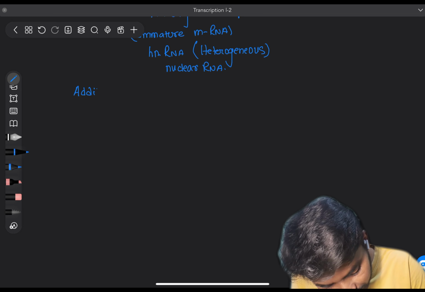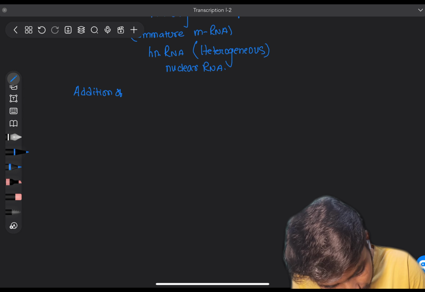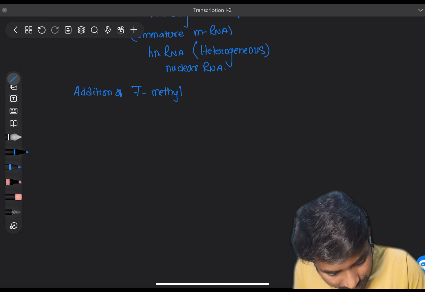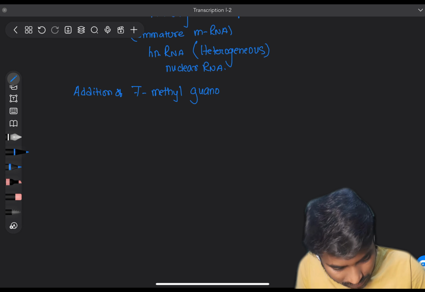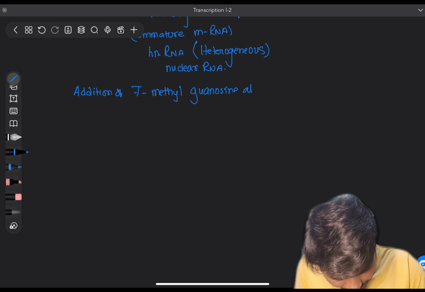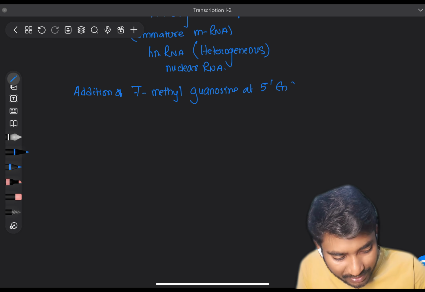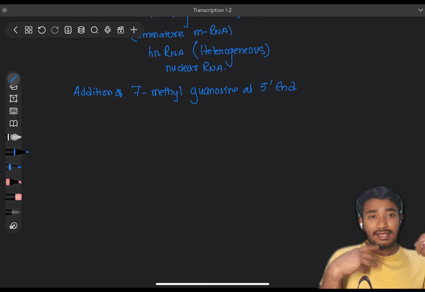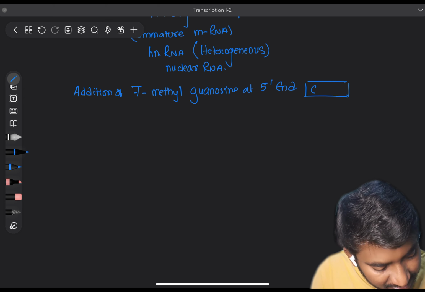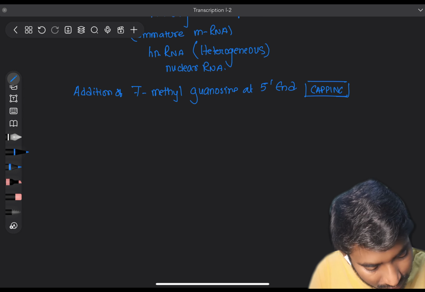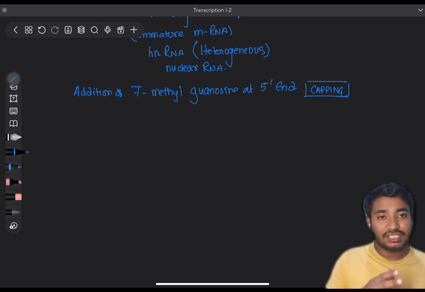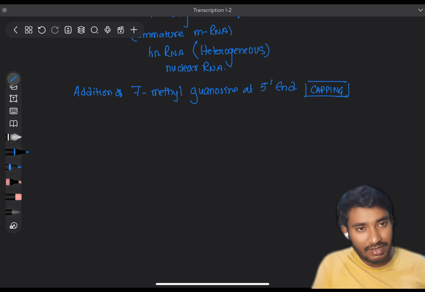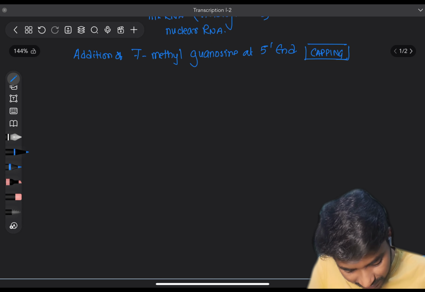Now, addition of 7-methyl guanosine at the 5' end makes the capping. So addition of the 7-methyl guanosine at the 5' end ultimately makes the capping.